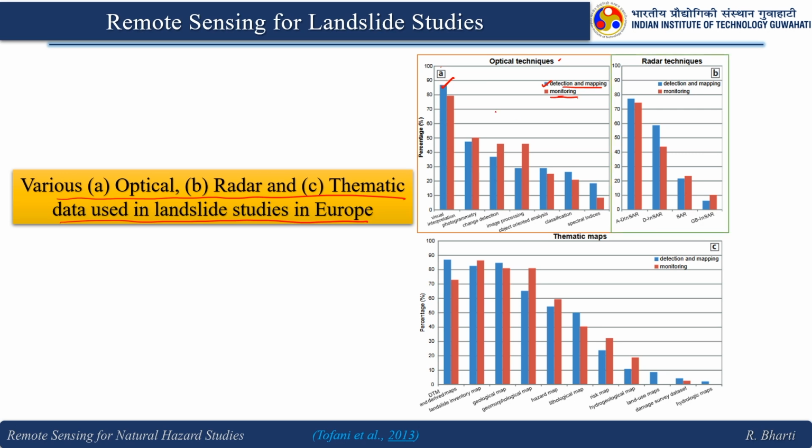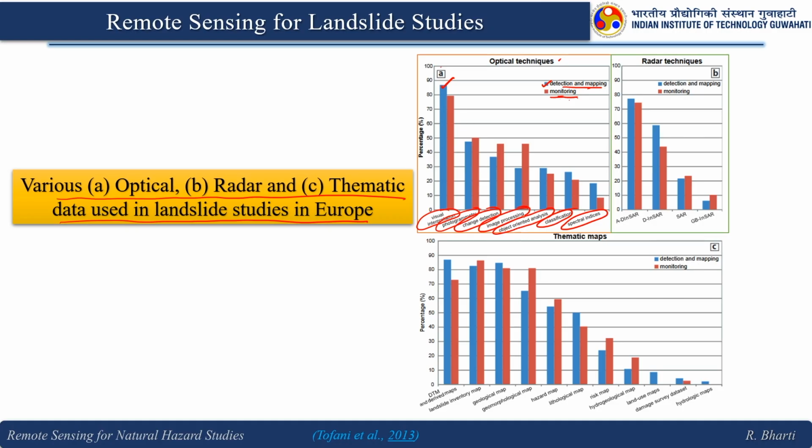Then comes the monitoring, and here you can see the visual interpretation, then photogrammetry, then change detection, image processing, object oriented analysis, classification, spectral indices. How they are used in different detection and mapping and the monitoring.